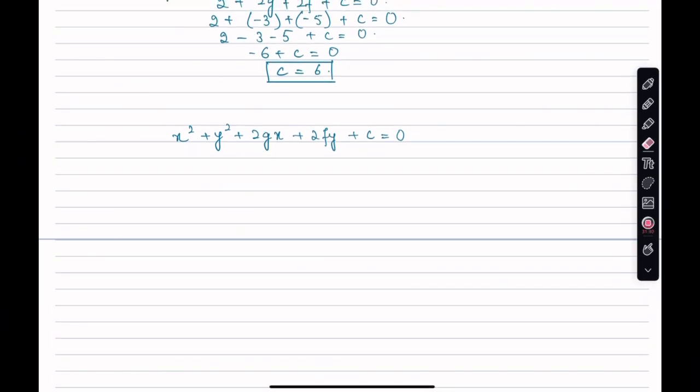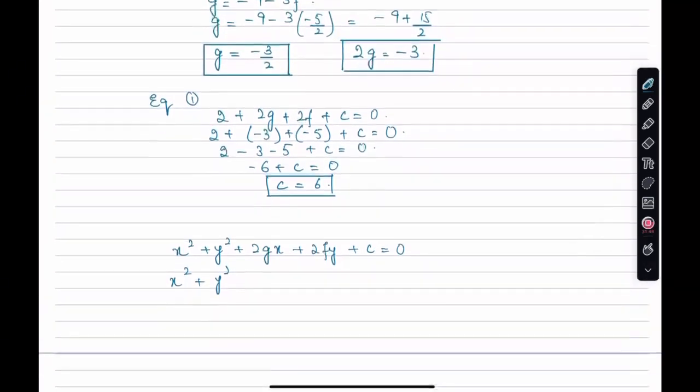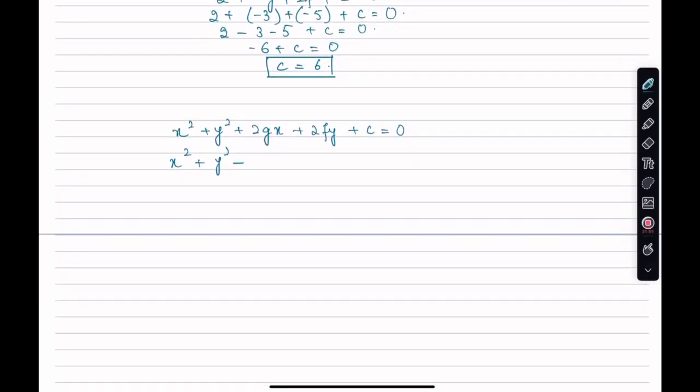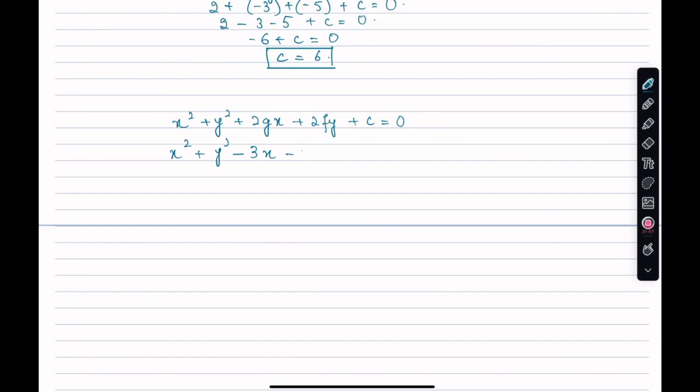Substituting 2g, 2f, and c, I can say that this is x squared plus y squared. The 2g value was negative 3, therefore it's negative 3x. 2f was equal to negative 5, so it's negative 5y, and c is 6, therefore plus 6, which equals 0.